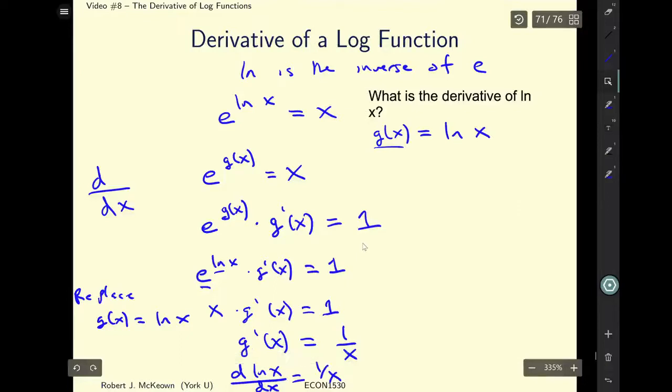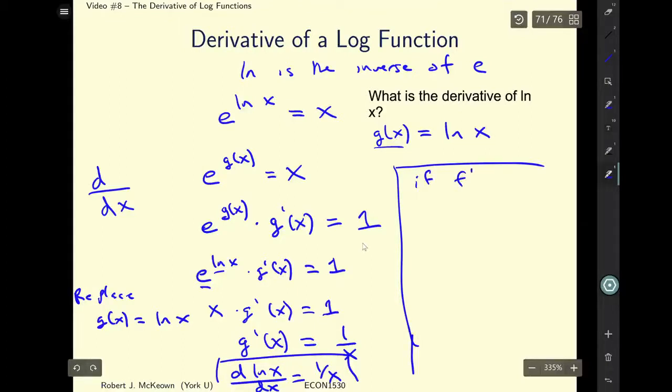Now there's our answer. So I'll write over here, if f of x is equal to log of x, this implies f prime of x is equal to 1 over x.